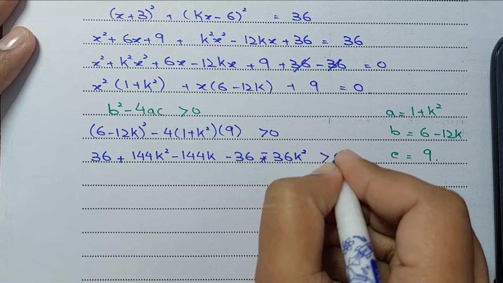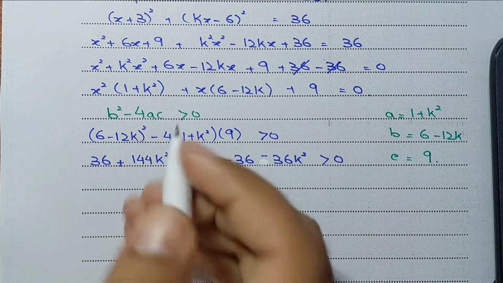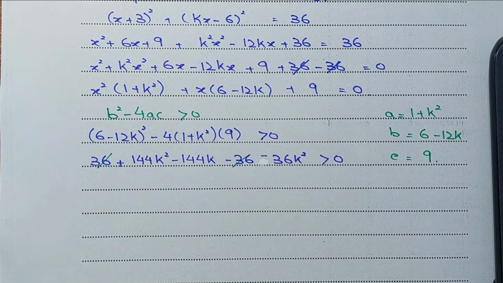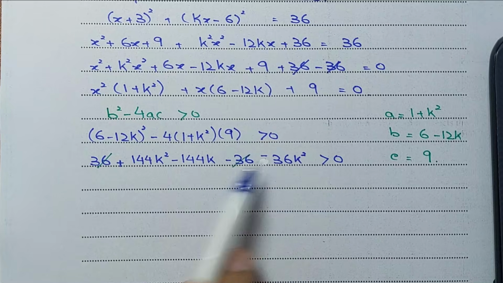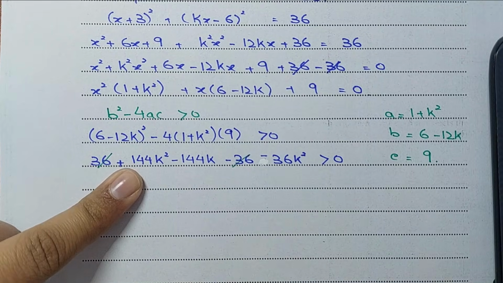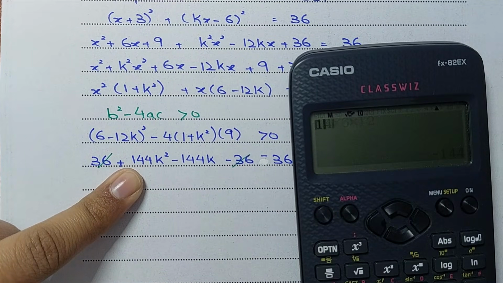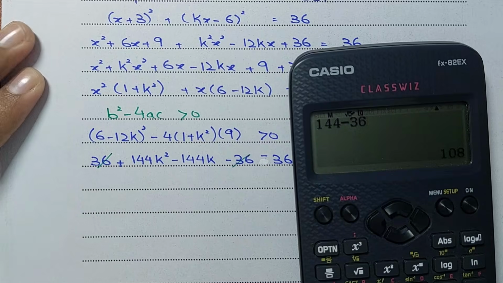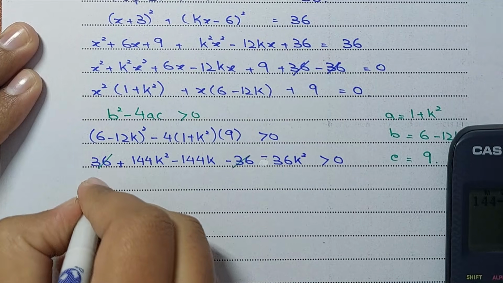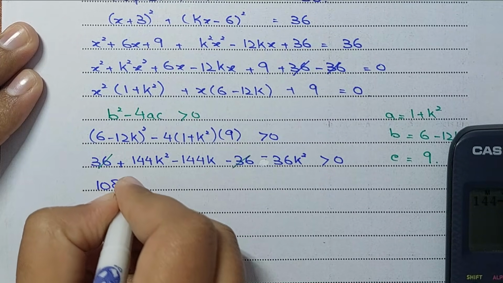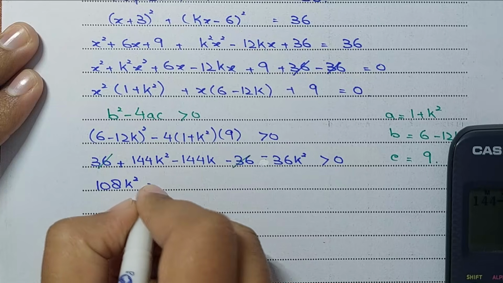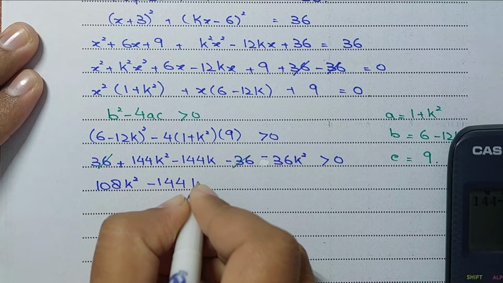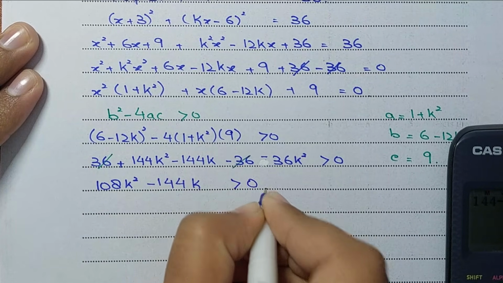This should be greater than 0. Now positive and negative 36 cancel out. The k² terms are these two, 144 minus 36. 144 minus 36 is 108, the coefficient of k², and the k term is minus 144k. This is greater than 0.